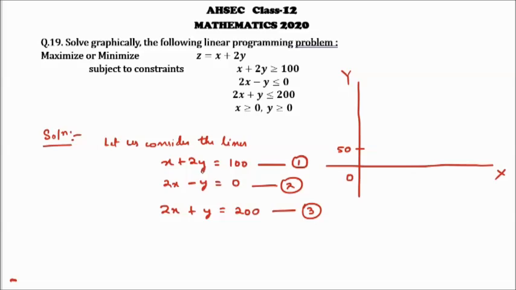If I take y is equal to 0, I get x is 100. So let me take 50 here, and this will be my 100. If I draw this line, it will be something like this.